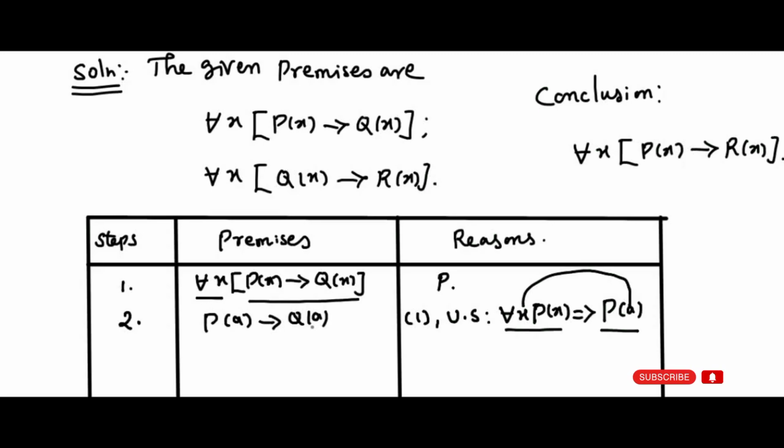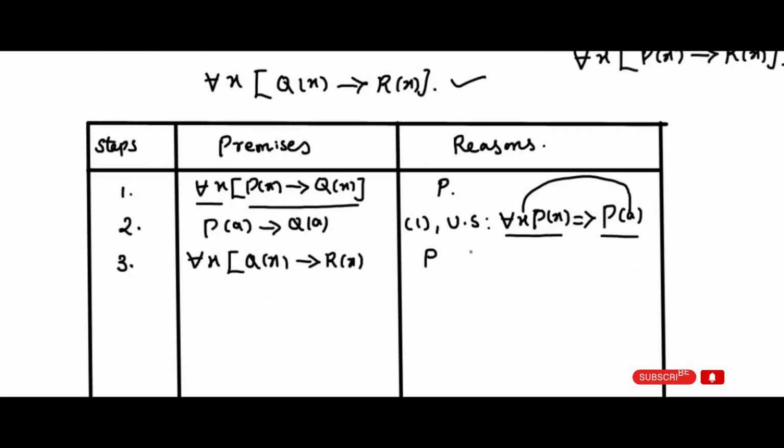Now with the first two steps, we are unable to prove the conclusion statement, so I am going to introduce the second premise. This is our second premise: for all x, q of x then r of x. P means given premise. Using step number 3 with the help of universal specification law, I am going to write the fourth step.